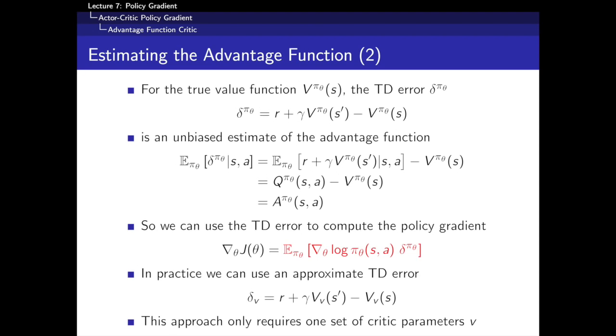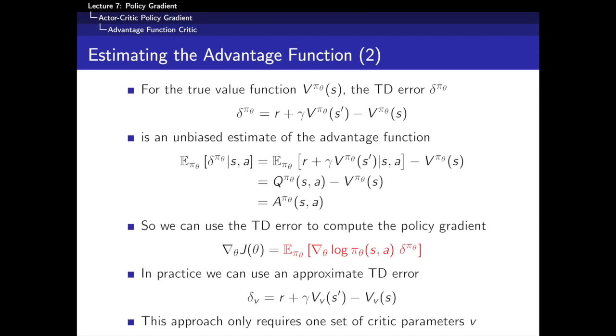Now, we can take the expectation of this whole thing. What's the expected TD error? The expected TD error is the expected reward plus discounted value at the next state minus the value of the state I was in. The expectation doesn't affect the last term because there's no random variable in there; S is what we're conditioning on.